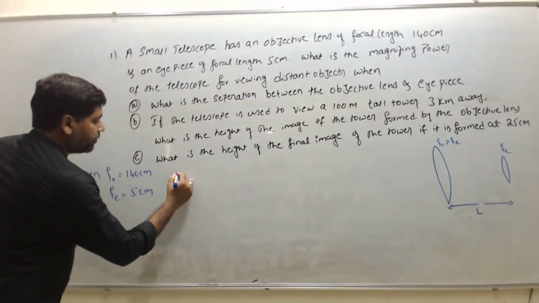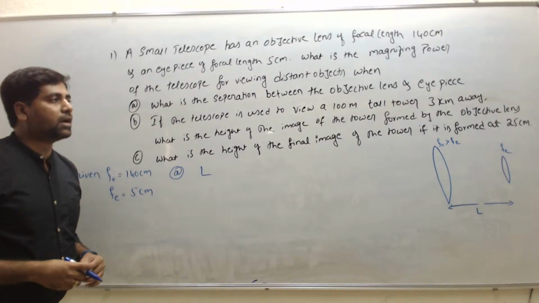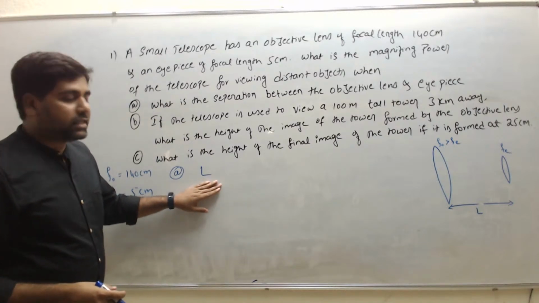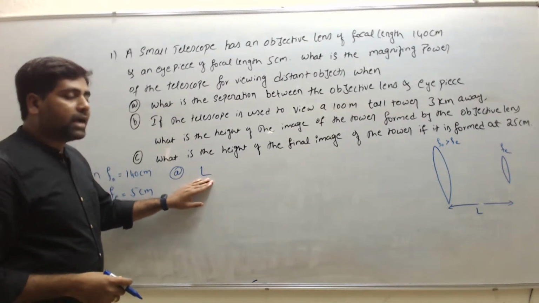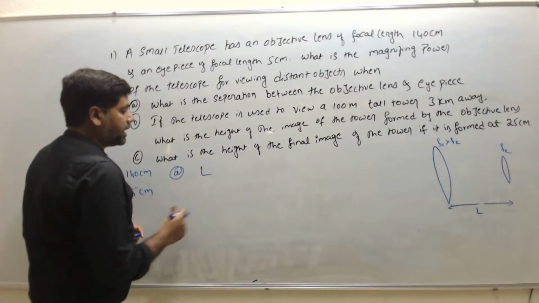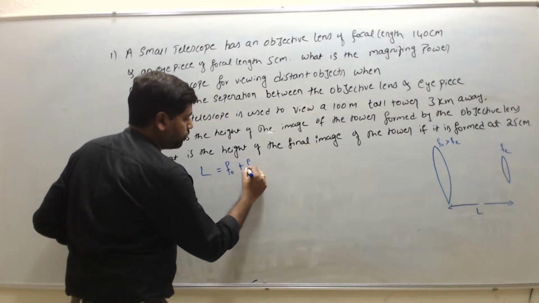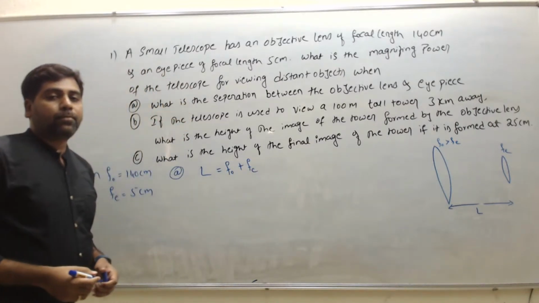So for A, the separation between the objective lens and the eyepiece we call the length of the telescope, L. L is equal to the focal length of the objective plus the focal length of the eyepiece.